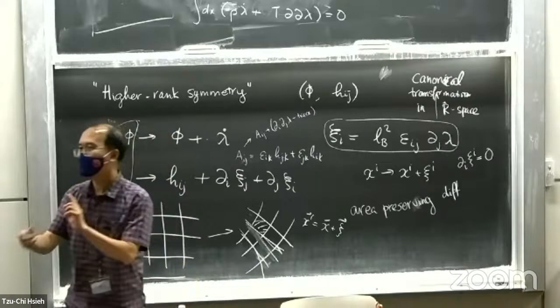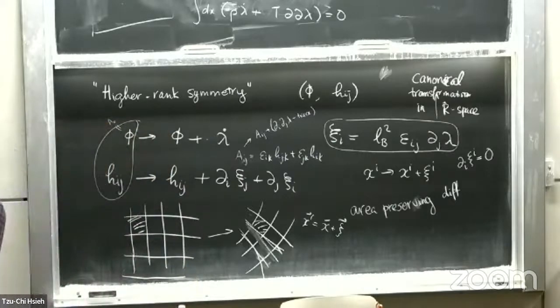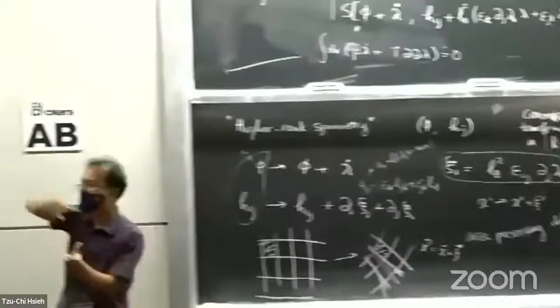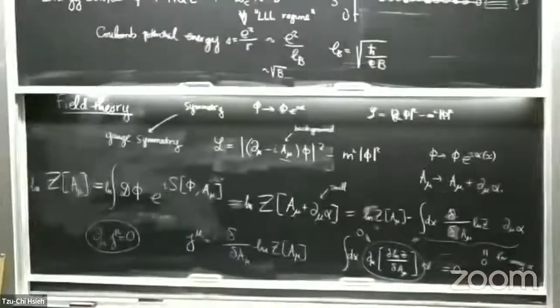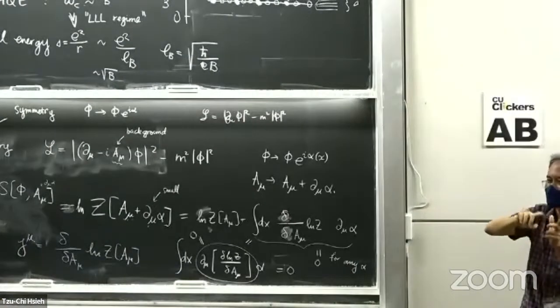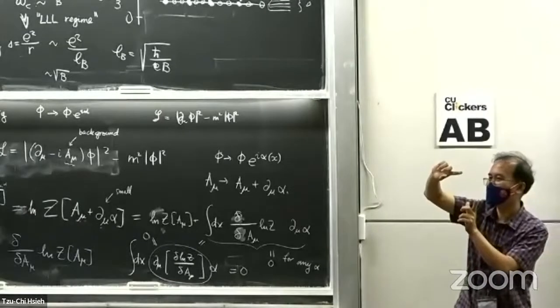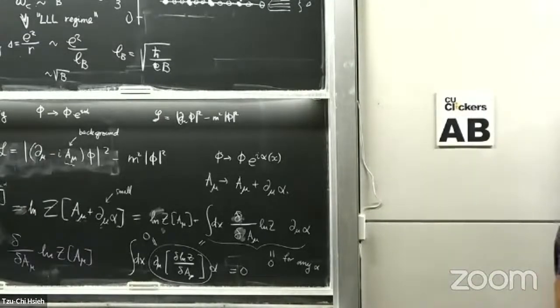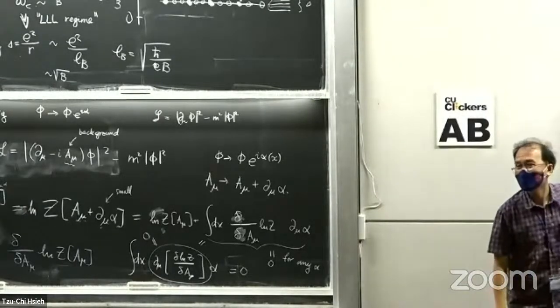It transforms Rx and Ry, but then in a canonical transformation, the distance between Rx and Ry gets shifted. So you have to compensate that by coupling the system to a metric, and let the metric also transform under canonical transformation. That is how the metric transforms.